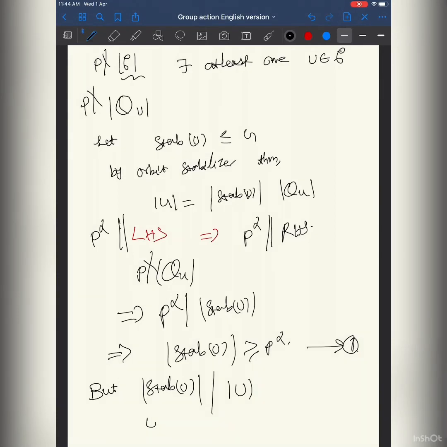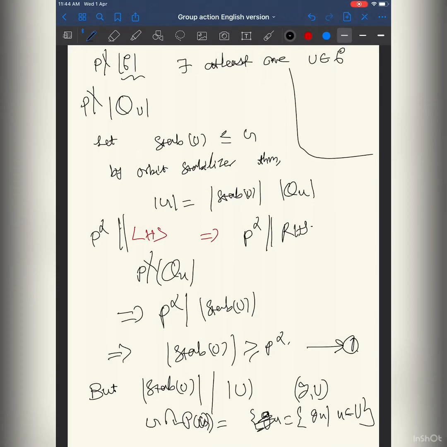This is what happens in the left regular action, where G acts on the power set of G by g·U equal to gu, u in U. We restrict that action to this set, which is clearly invariant.